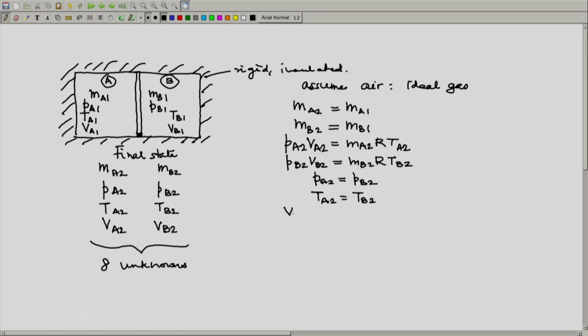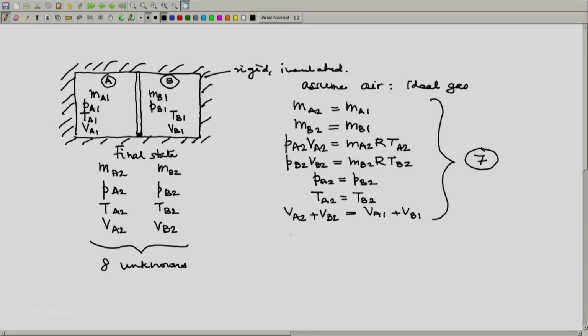So, we will have VA2 plus VB2 equals VA1 plus VB1. So, these are 7 equations, we need one more, and that will be the first law of thermodynamics.